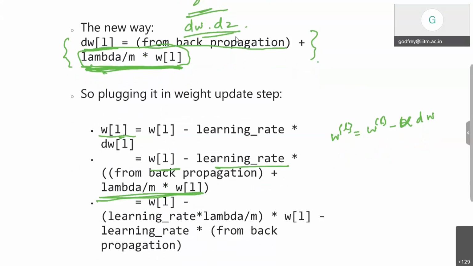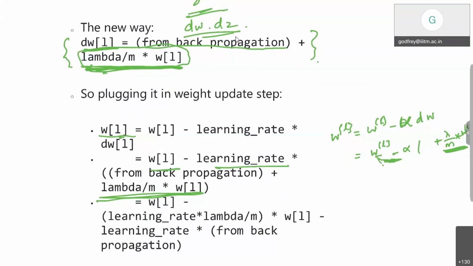So now we write this as equal to WL minus alpha, say you have a thing which is lambda by m into W. Right? So basically what you're doing is this lambda is further taking away something from the weight.